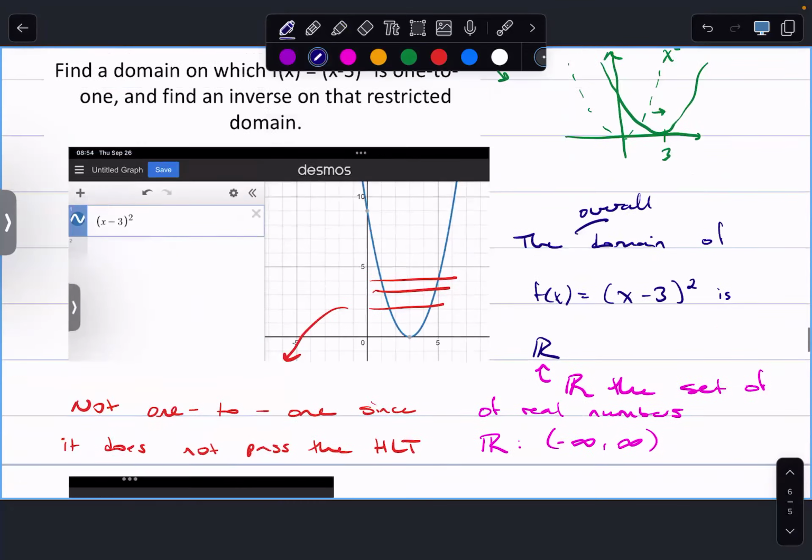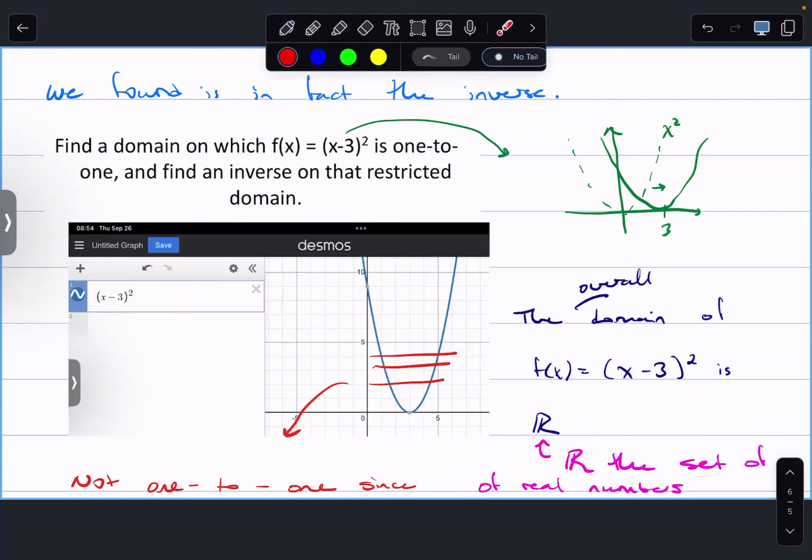So kind of going through some options here. But usually you would just skip to, okay, I know what this thing looks like, and I'm going to restrict it from 3 to infinity, or negative infinity to 3. But like I said, I like to deal with the positive ones. And so find a domain on which this function is one-to-one, done, and find an inverse on that restricted domain.